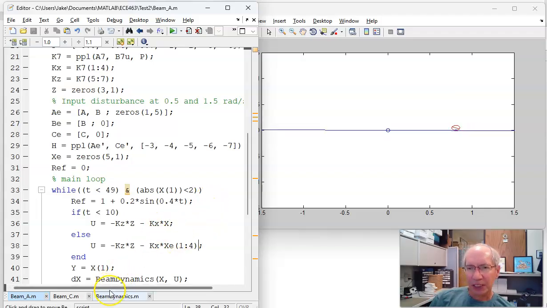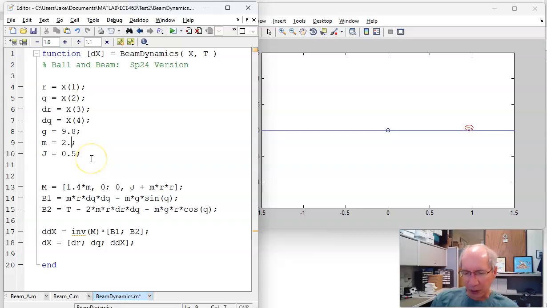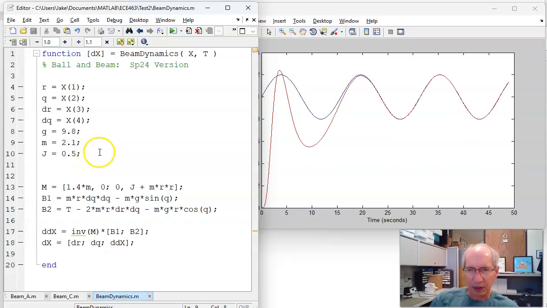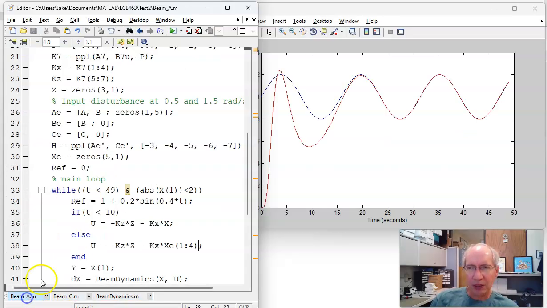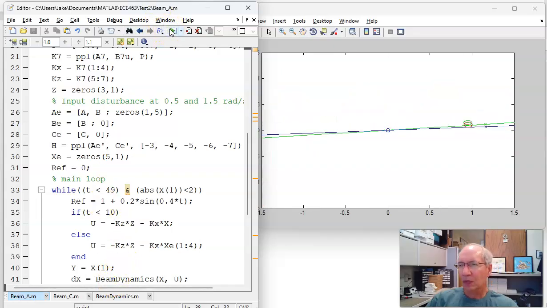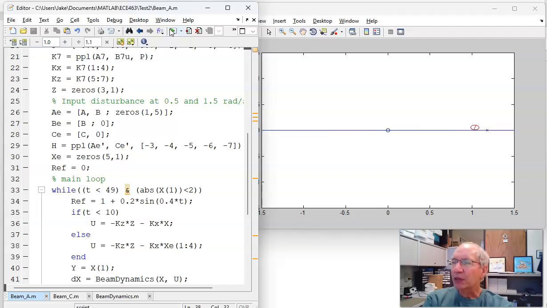If I change the dynamics, so it's now 2.1 kilogram. Now notice that the green line is no longer shifted like it was before. That constant on the observer says there's a constant disturbance. Figure out what that constant is. And that's the extra mass times 1 meter.